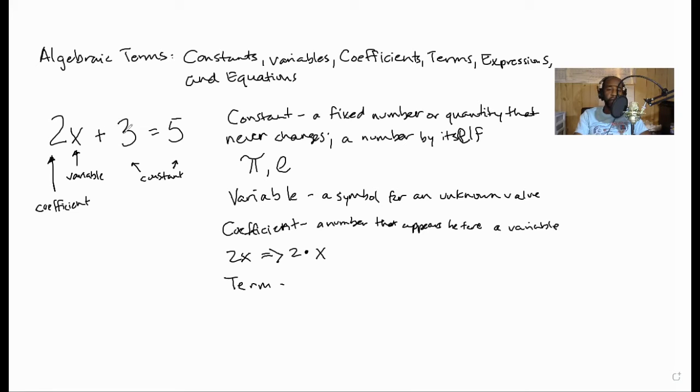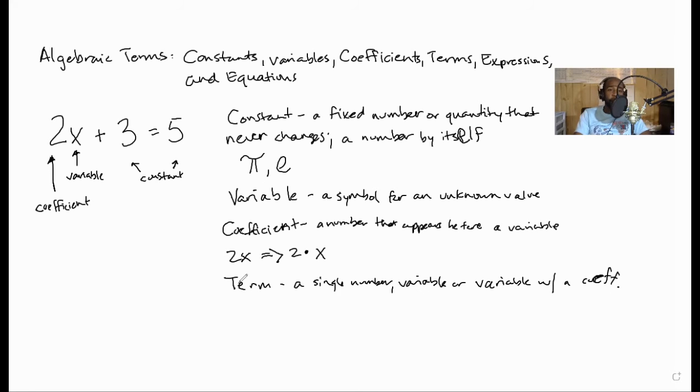Now let's look at the definition of a term. All of these, 2x, that whole thing, 2x, 3, and 5, are terms. All a term is, is a single number, variable, or variable with a coefficient. I'm just going to write coef for short.